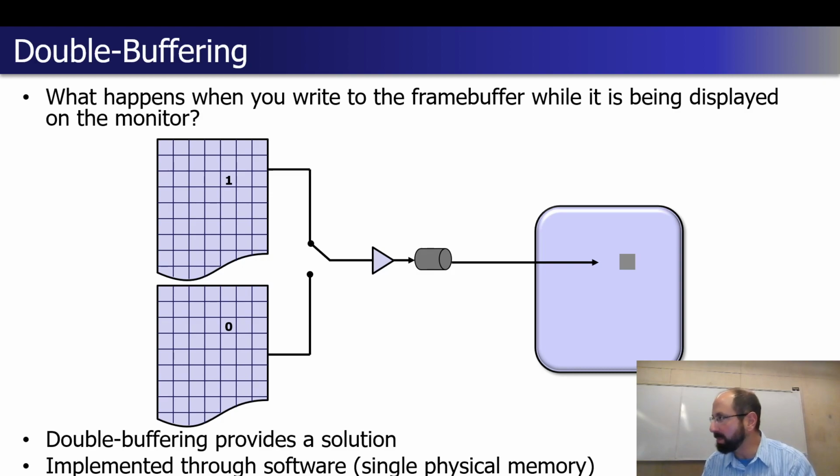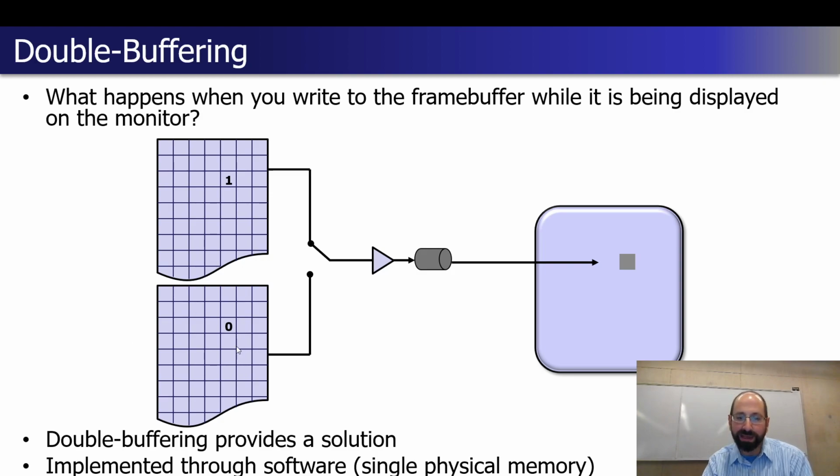Logically, it's implemented as a mux between our buffers, where we separate which buffer is the write buffer from which buffer is the read buffer at any given time, to avoid the screen tearing, flickering kind of issue. The way this is shown is as a switch: currently this buffer is the one driving the display, and in software, in our graphics logic, this buffer is the one getting updated.